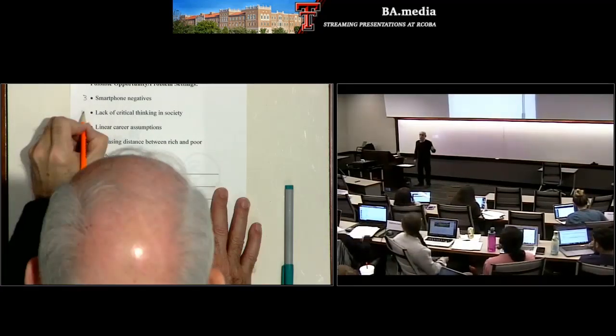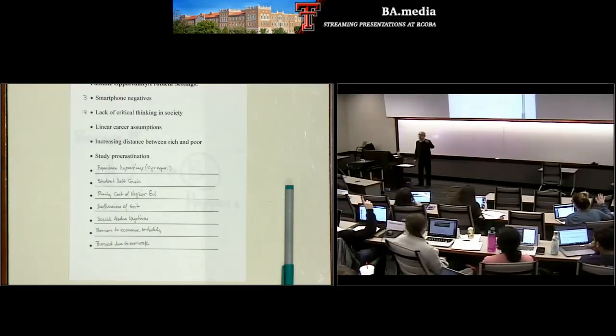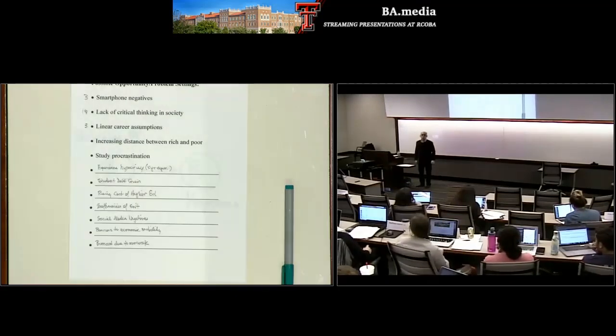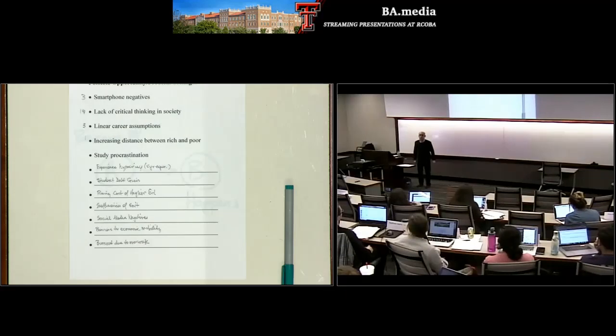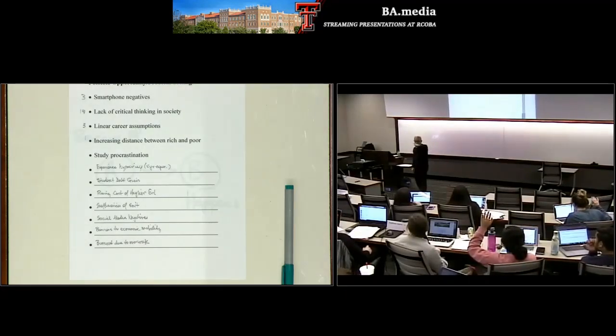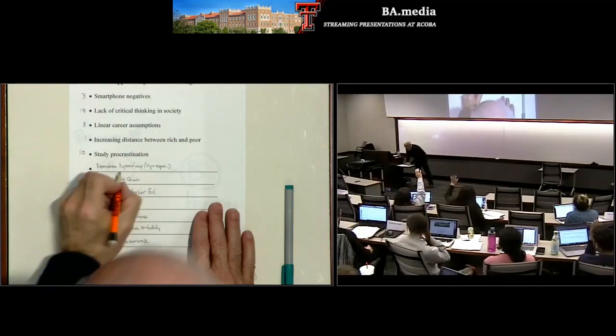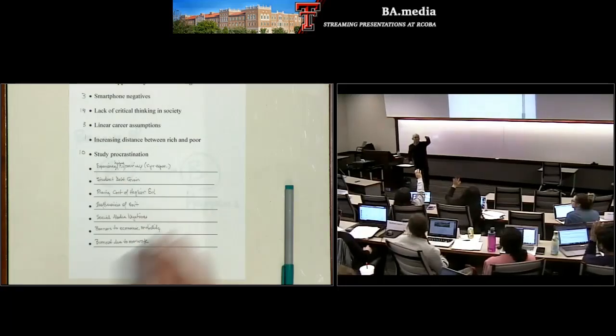Linear career assumptions. 1. Okay. Increasing distance between rich and poor. Study procrastination. The experience hiring hypocrisy. 1, 2, 3.